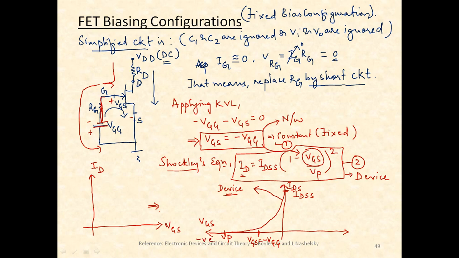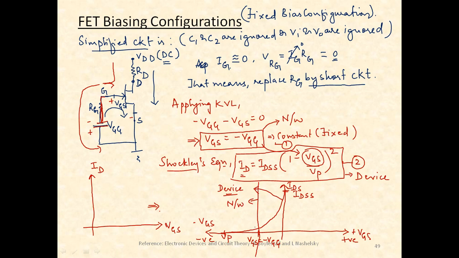This is for negative variation, this is for positive variation, so this is plus VGS and that is minus VGS. Depending upon the VGG value, we have got a point. Now this is a fixed value. It doesn't change with respect to IDS; this is always fixed.